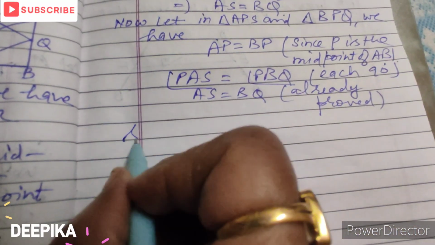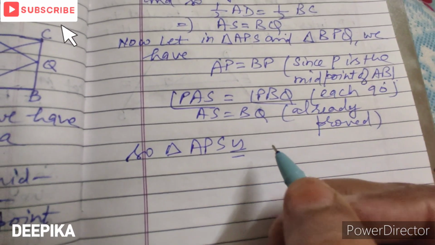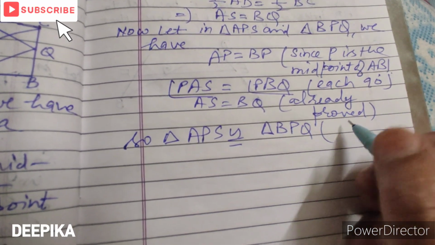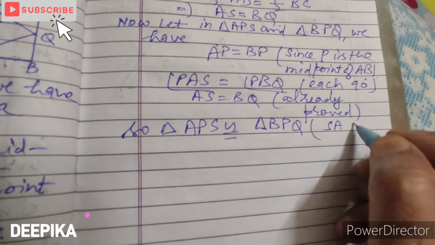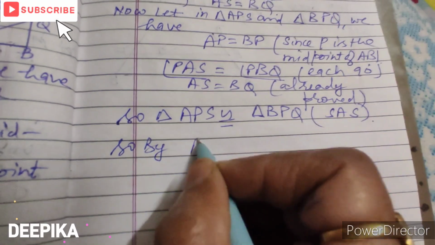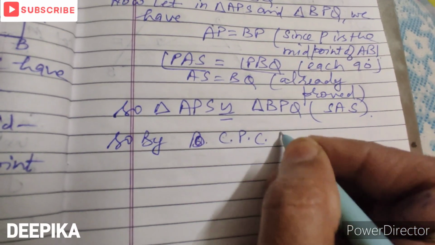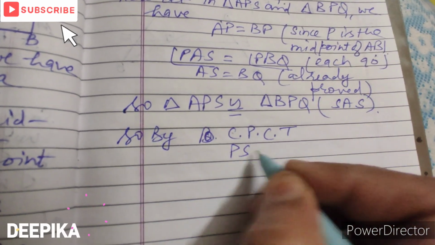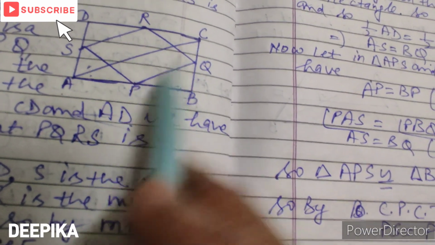So triangle APS is congruent to triangle BPQ. कौन सी कॉन्ग्रुएंसी हो गई है? SAS. So by CPCT, congruent parts of congruent triangles, PS is equal to PQ, लेकिन PQ किसके बराबर है?